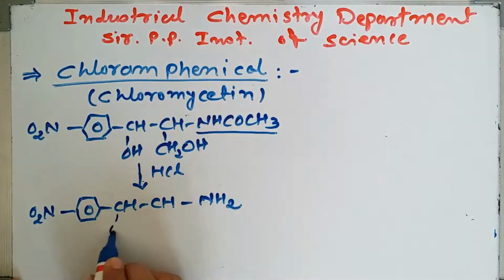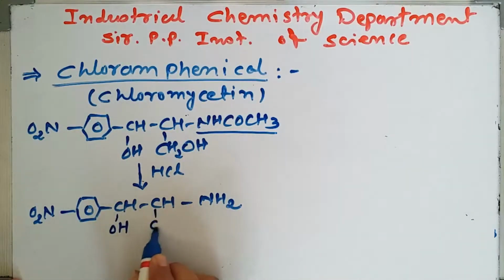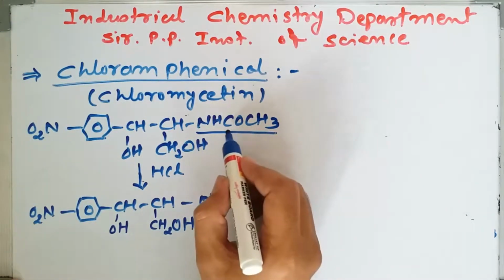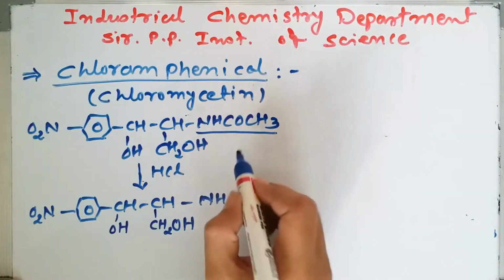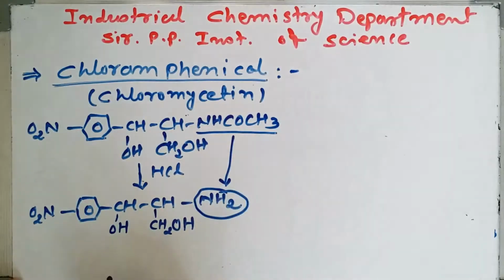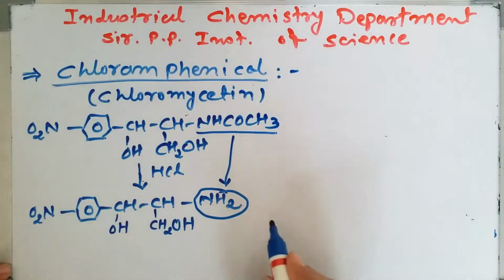Partial hydrolysis is applied and we convert NHCOCH3 into NH2.